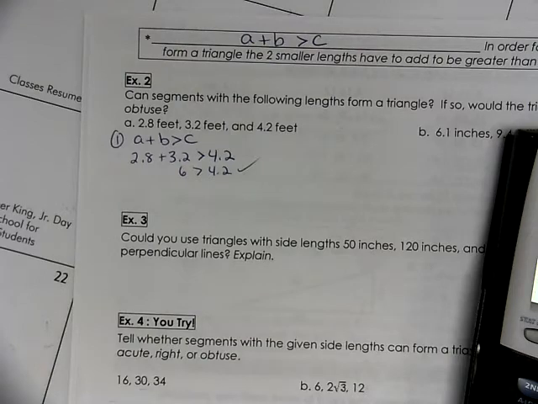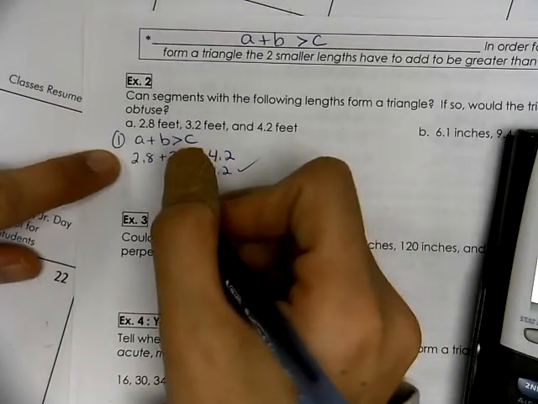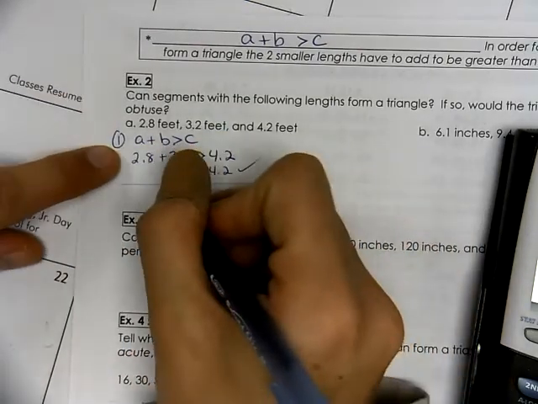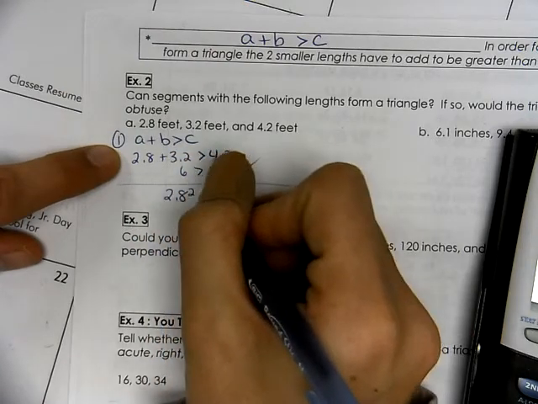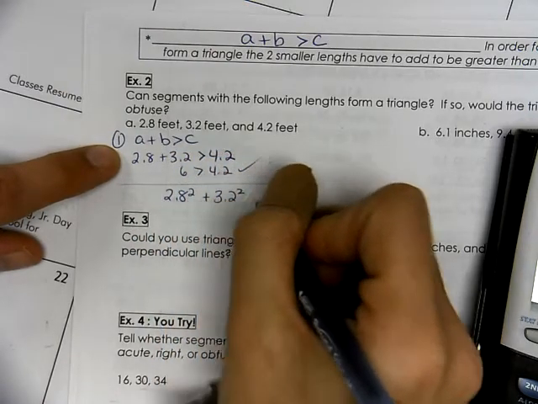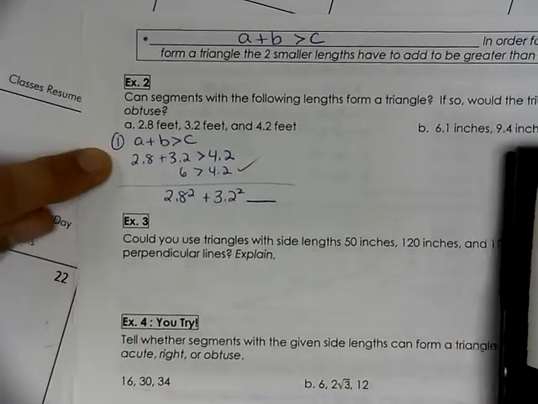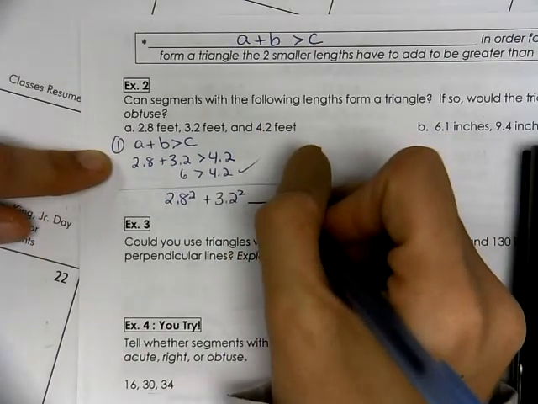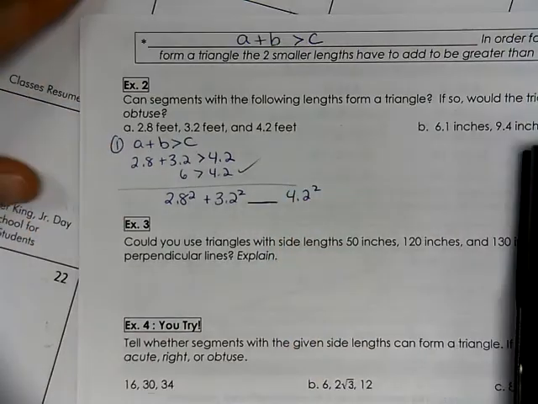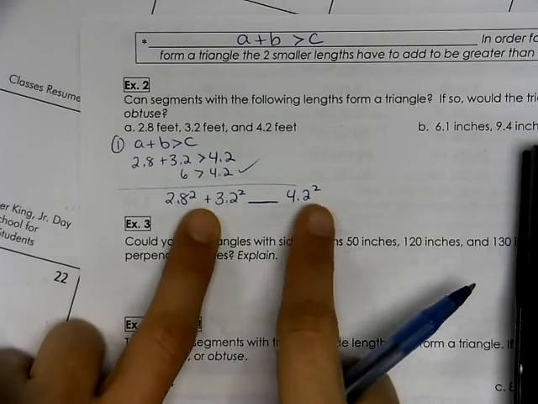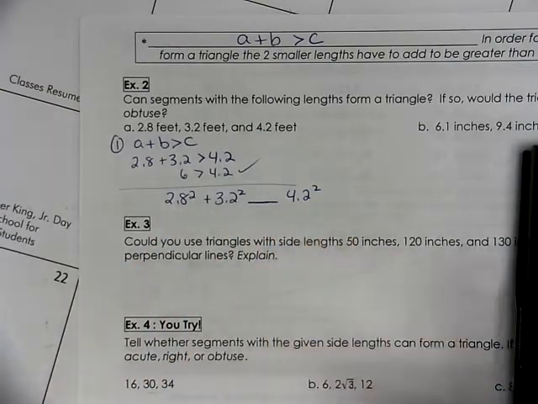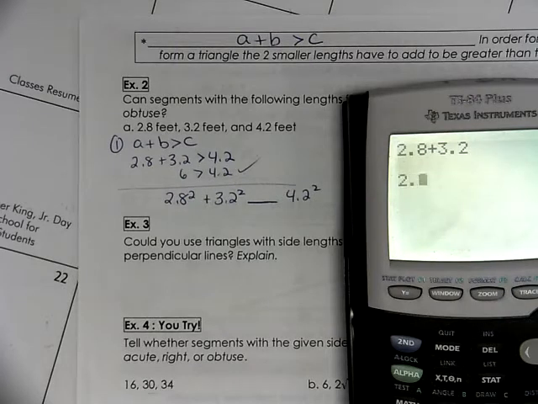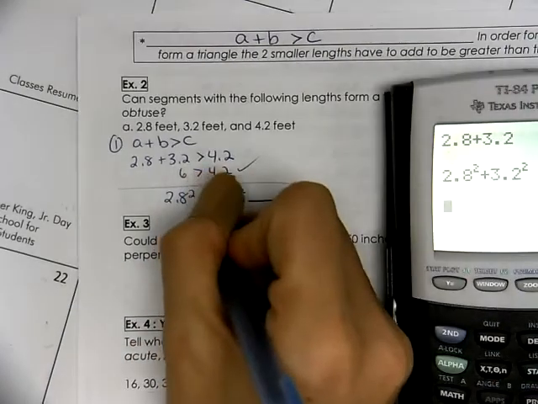Now let's figure out what kind of triangle we're going to make. So now check the Pythagorean Theorem. I always do 2.8 squared plus 3.2 squared. I kind of leave like an underscore, like a blank, with 4.2 squared. So you're going to have to write kind of small. We got to check, is this greater than, less than, or equal to? So 2.8 squared plus 3.2 squared is 18.08.